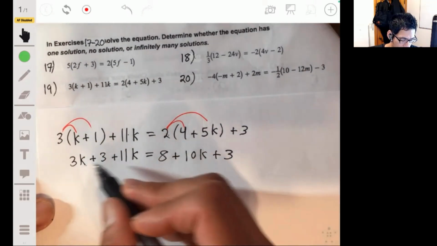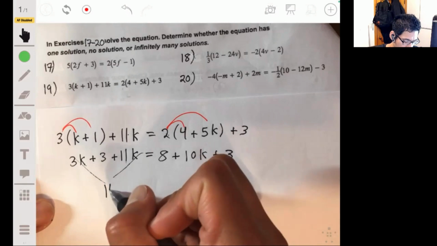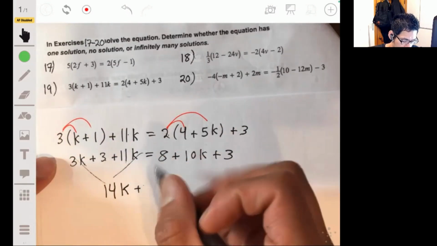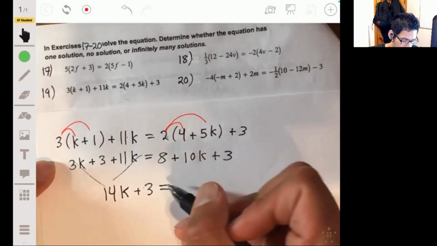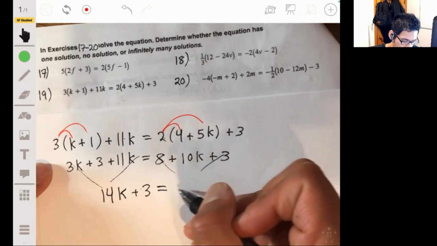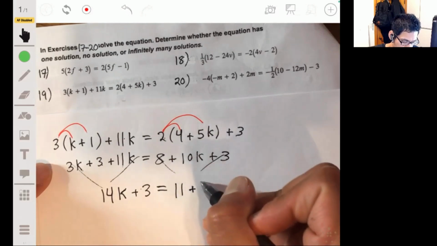Combine like terms, 3k plus 11k, 14k. 3 plus 3 equals 8 plus 3, makes 11. 11 plus 10k.